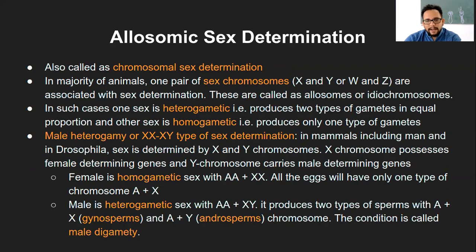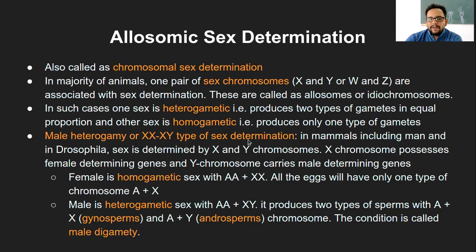Next one, and the most important one, is allosomic or chromosomal sex determination. That means this type of sex determination happens with certain chromosomes, like what we know in humans, the X and Y chromosomes.